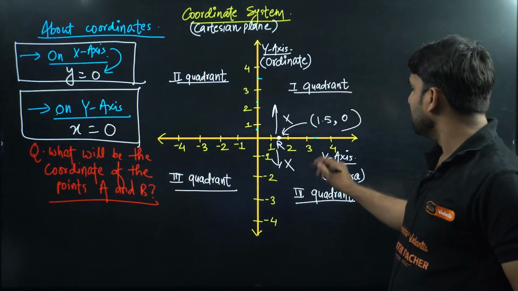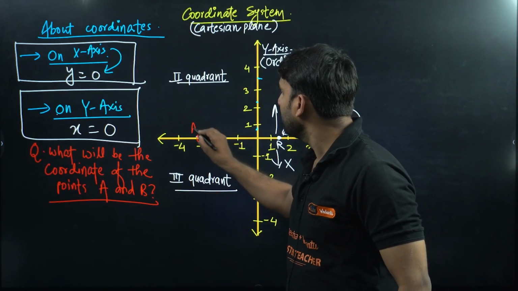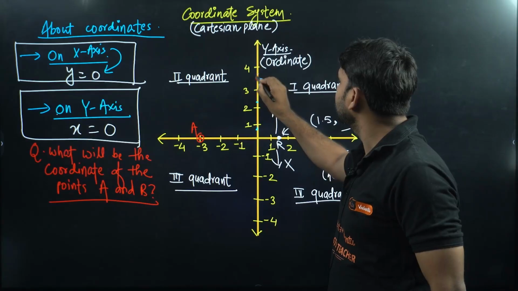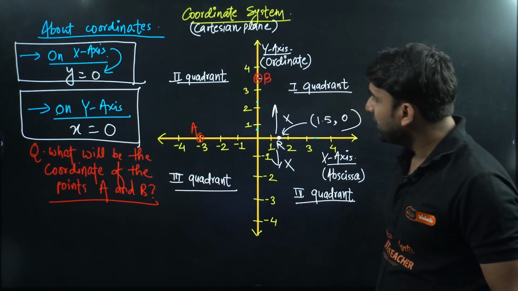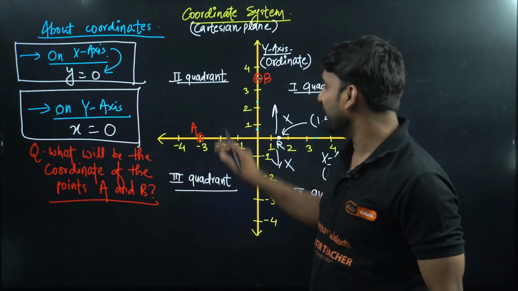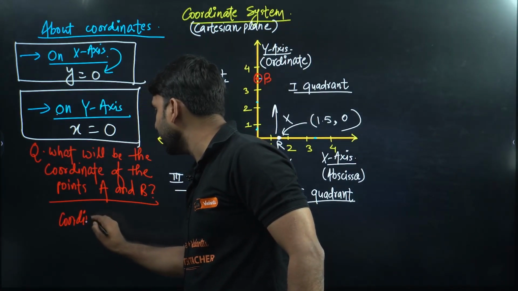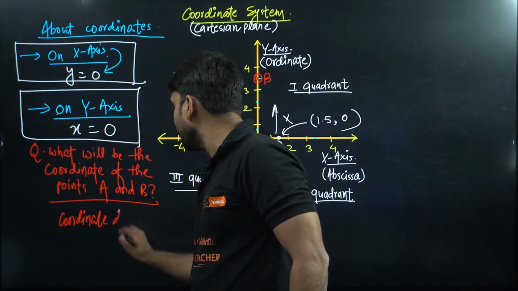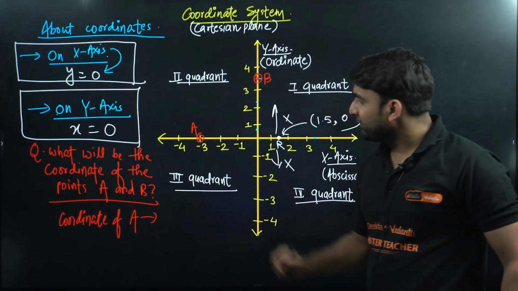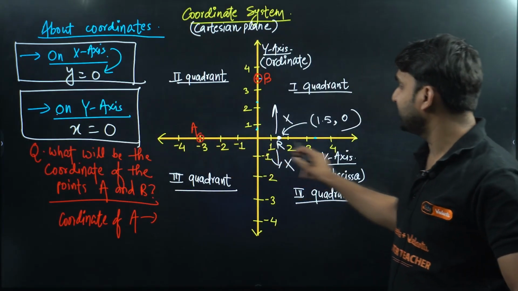Let's imagine the point A is here, this is point A, and here this is point B. So what will be the coordinates of these two points? Let's write the coordinate of A first. My dear champion, can you please observe here, the point A is entirely on the x-axis.